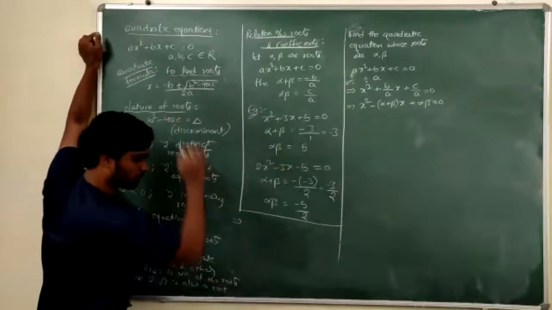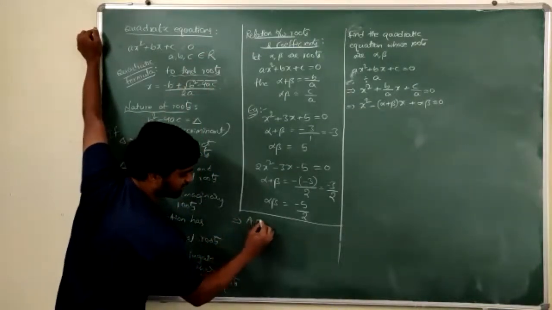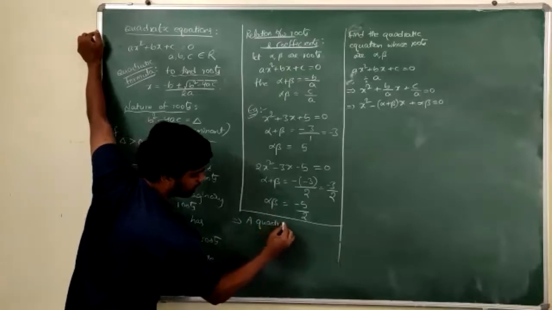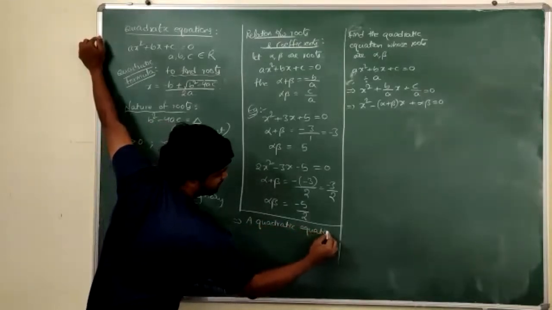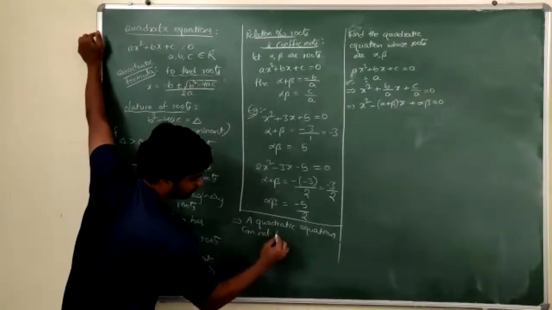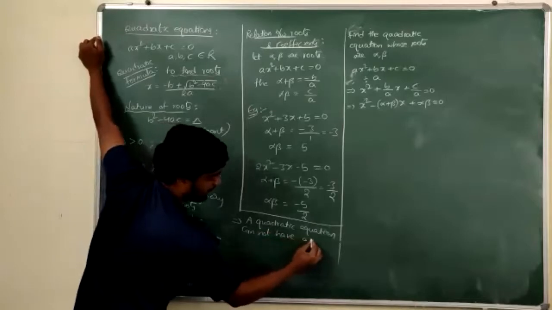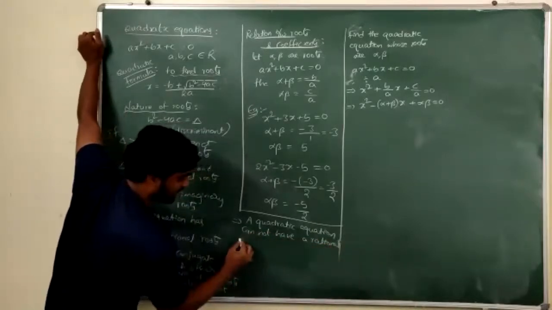So what can you say from this? A quadratic equation cannot have a rational and an irrational root.